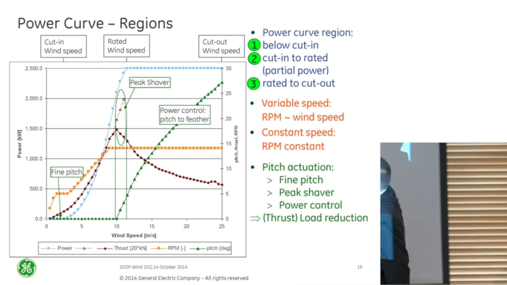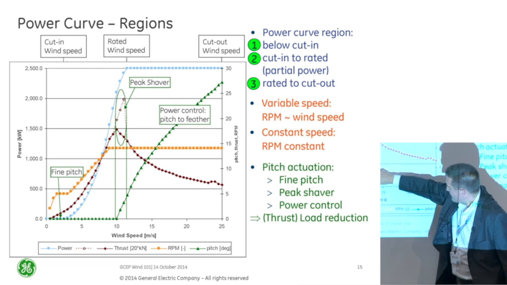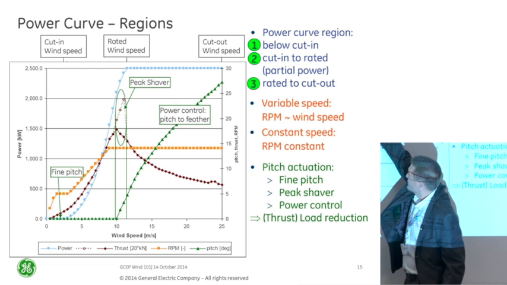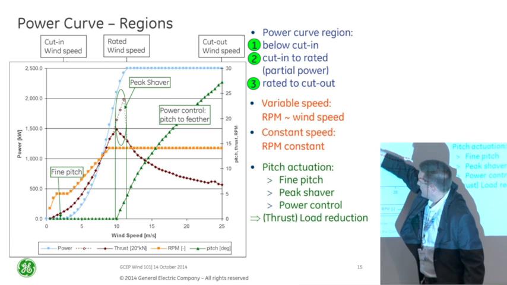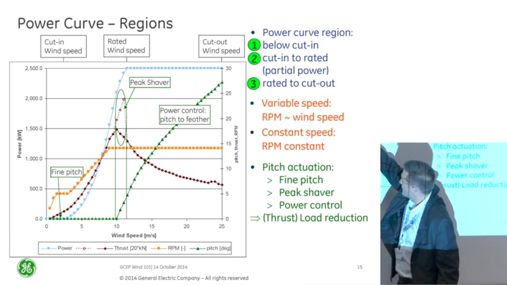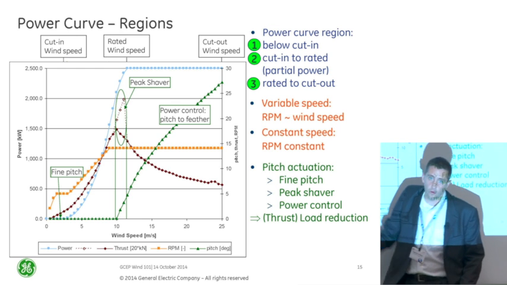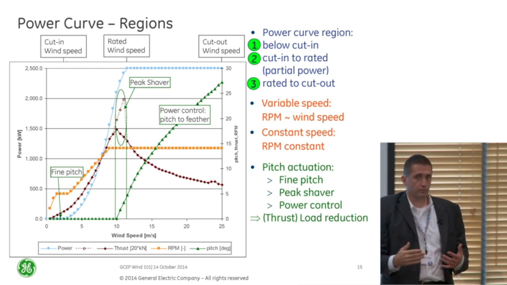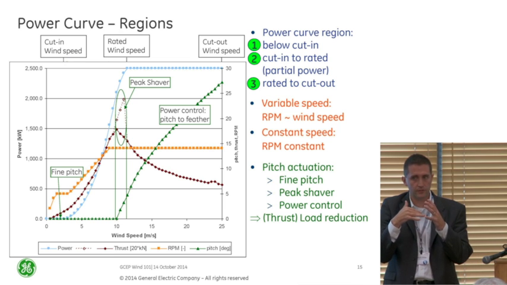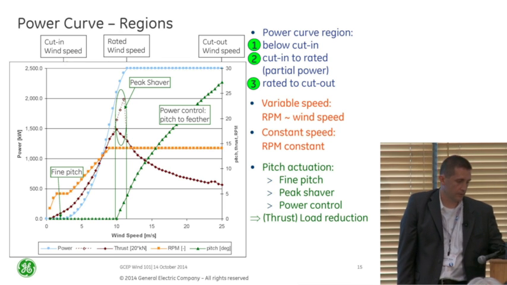It's really important that I do it at 10 and not 11, because if I look at my thrust, otherwise my thrust would have this big peak to it here, and by pushing out my feathering of my blades to 10, I can bring the thrust down quite a bit. That's what the peak shaver region is really doing. It's just managing that peak thrust that's going on in the wind turbine.